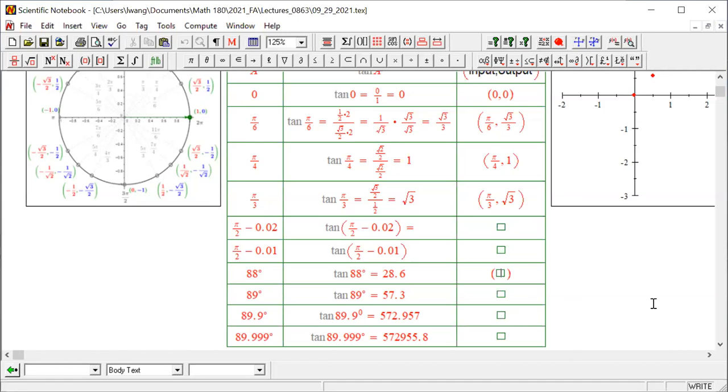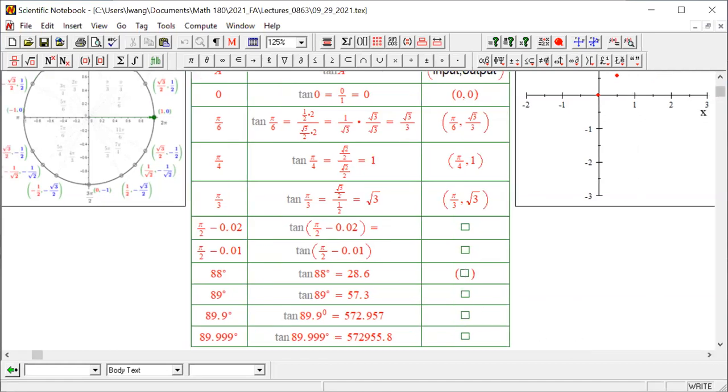Yeah, since we're here, let's just talk about how we convert it to radian. We know pi is 180 degrees, right? 1 degree is pi divided by 180 radian, right? So to convert 88 degrees, what do we have to do?